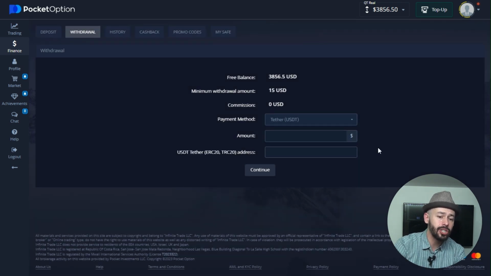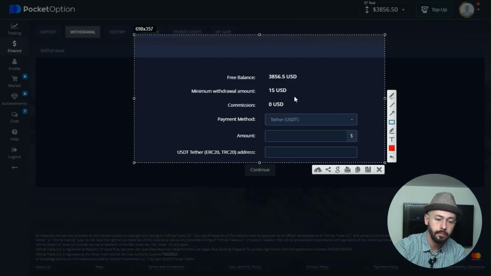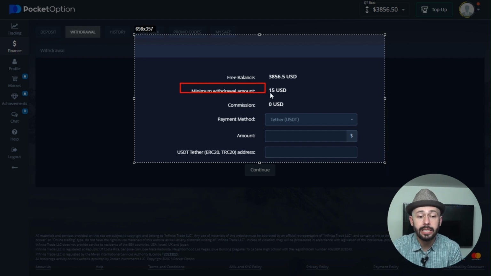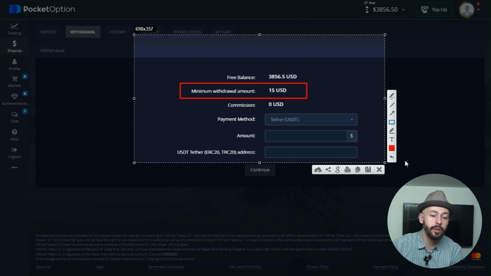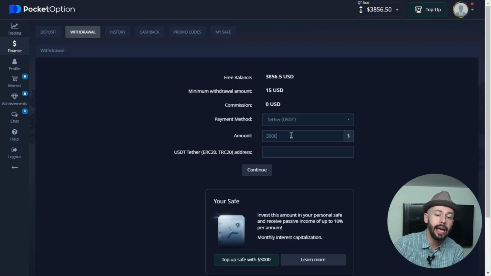It's easily exchanged for real money, which can then be used to pay for any purchases. Also, in USDT, there is the most accessible threshold for the minimum withdrawal amount. Even $15 can be easily withdrawn to your wallet without any problems or hassles.